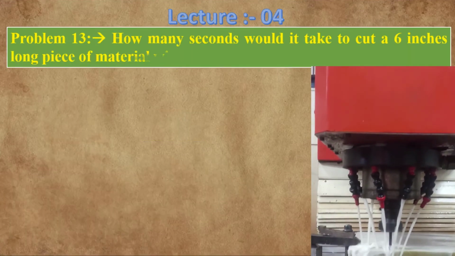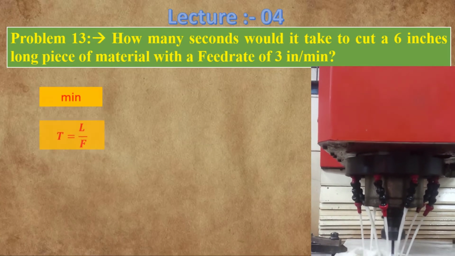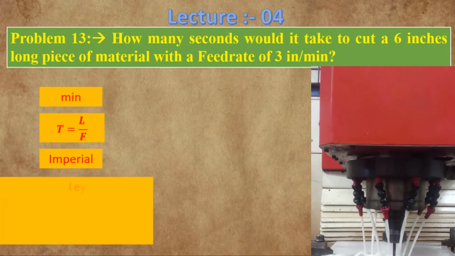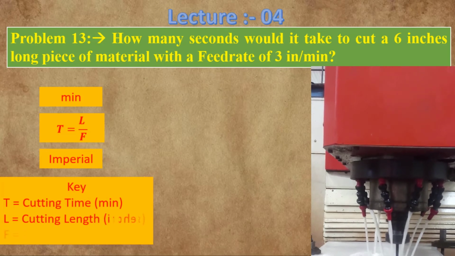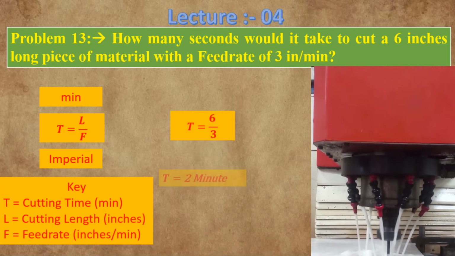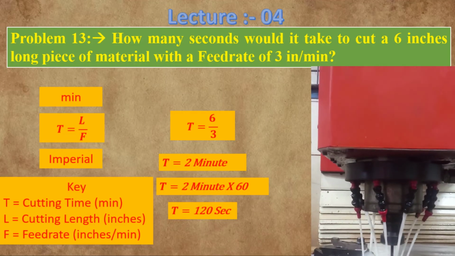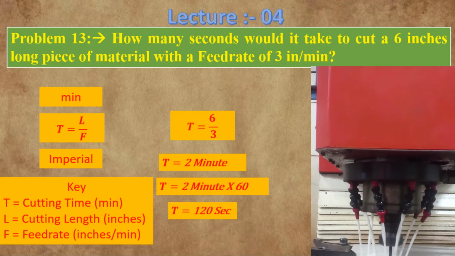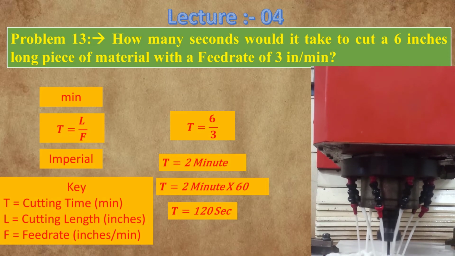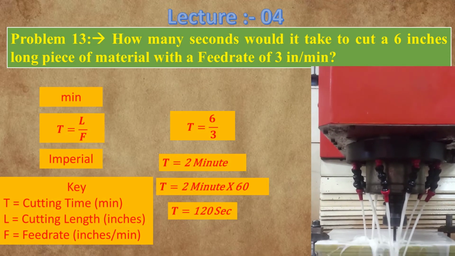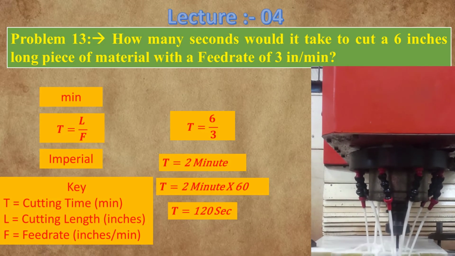How many seconds would it take to cut a 6 inch long piece of material with a feed rate of 3 inches per minute? Final imperial example, we are looking for the time represented by T, and I will give you a cutting length this time of 6 inches. Say we are cutting a 6 inch long length, and we are using a feed rate of 3 inches per minute. So it is a nice easy equation.